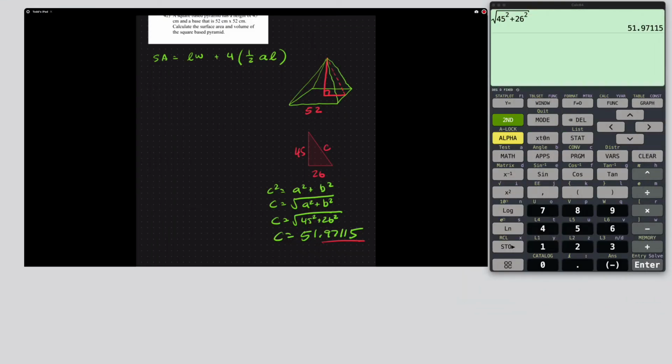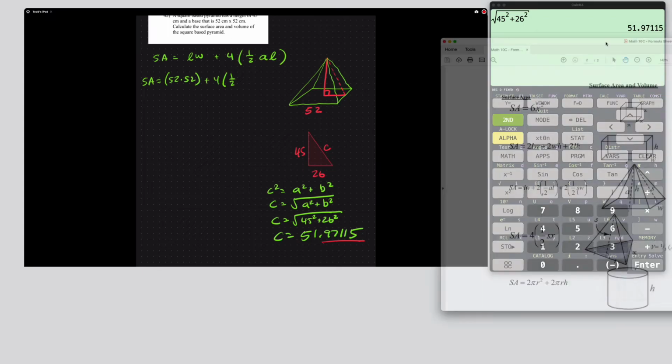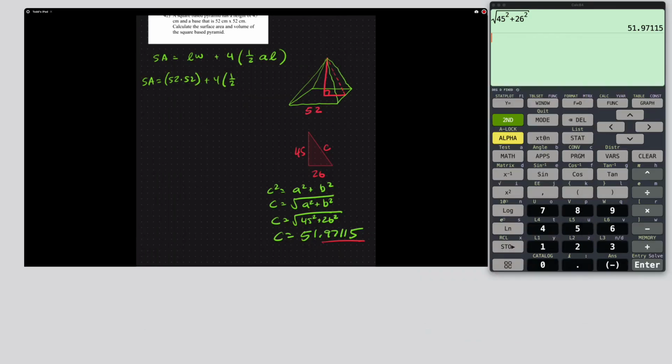Okay, so basically what I want to do is write this formula out with the values substituted in. So I've got surface area equals length, which is 52, times the width, which is 52, plus 4 times 1/2 times the A, which is, again, that sloped line that we just figured out.